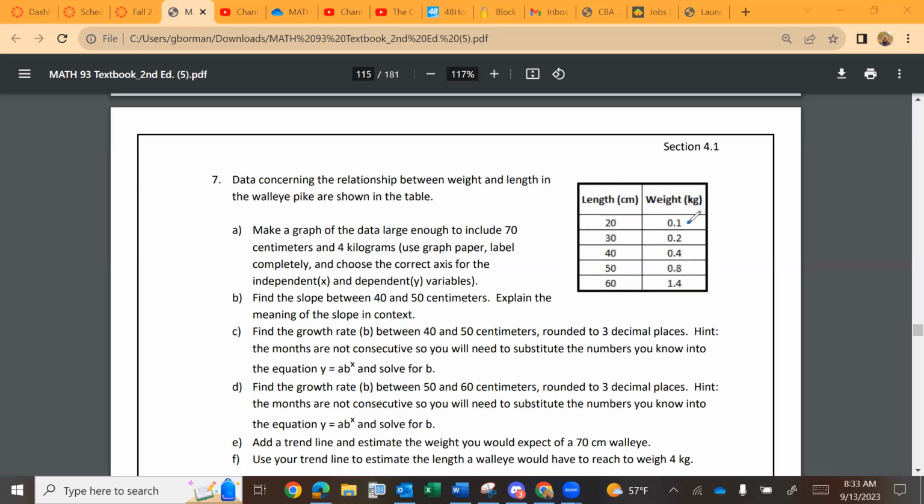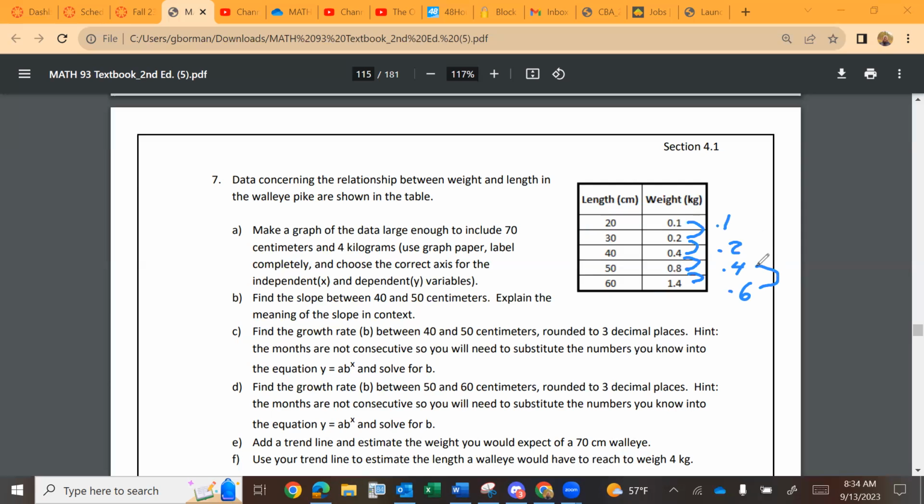But it's not. It goes up by 0.1, then it goes up by 0.2, then it goes up by 0.4, then it goes up by 0.6. So basically what's happening here is the y values are just about getting doubled every time.